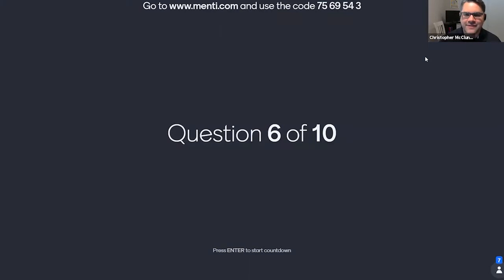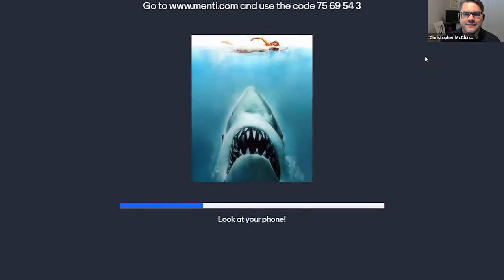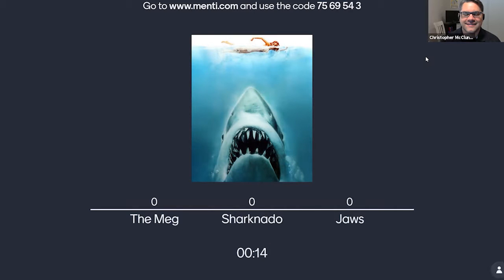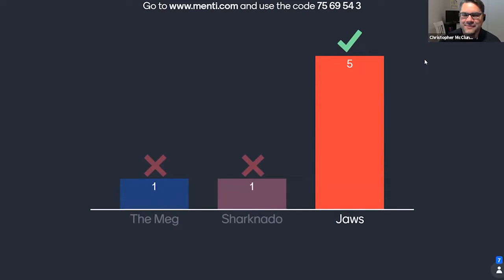Question 6. Now it's going to get a little bit more challenging. Oh. Different types of images. Where have you seen that before? Okay, okay. Now we're getting somewhere.